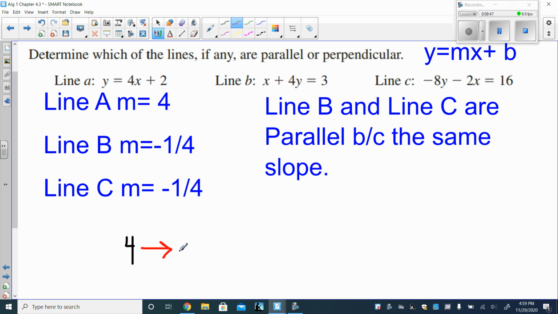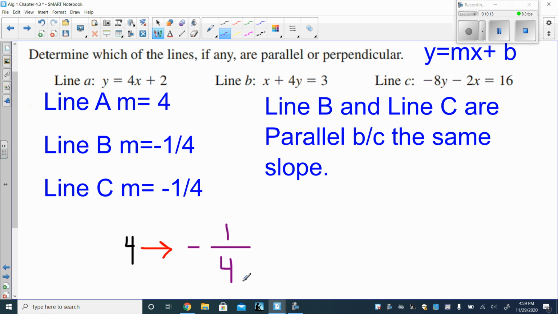Because if two slopes are the opposite reciprocal, then they are perpendicular. So when I look at the number 4, well, opposite, because it's positive, the opposite would make it negative. Reciprocal, we flip it. Change the sign and flip it. So 4 would go on bottom and 1 would be on top.